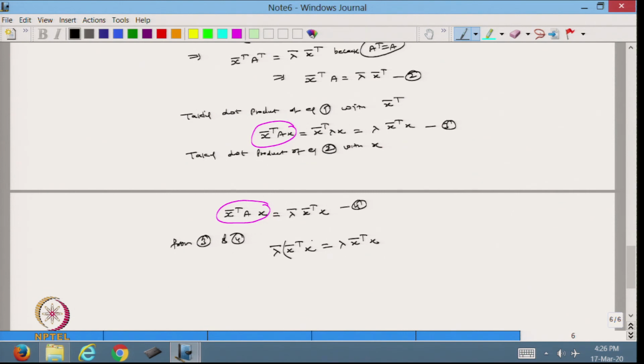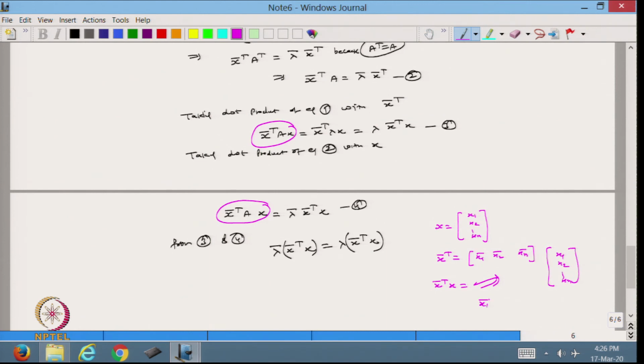And what is this? Suppose x is a vector x1, x2, up to xn and is complex valued. So, x bar transpose will be x1 bar up to xn bar, the conjugates, and then multiplied by x. So, x bar transpose x will become this into x1, x2, up to xn.